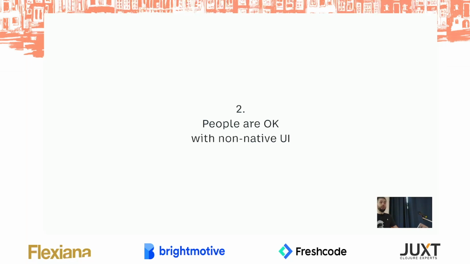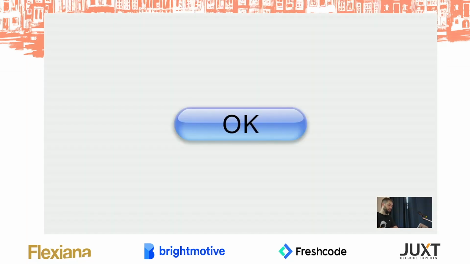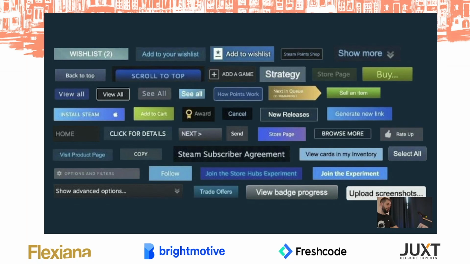The second thing that Electron teaches us is that people seem to be okay with non-native UI. What I mean is, for 10, 20 years, people thought that this is a button, only this is a button, and everything else has to look like this, right? And today it doesn't matter. Any colored rectangle with a label is a button, and it's okay.